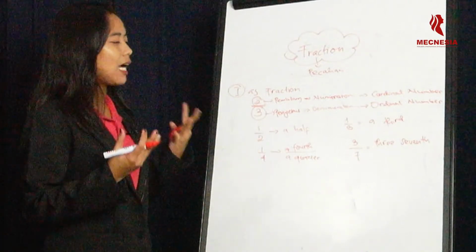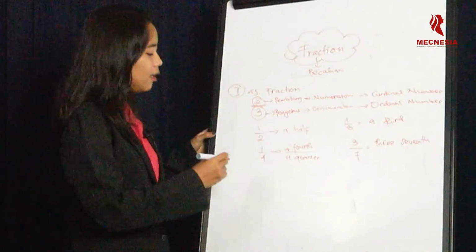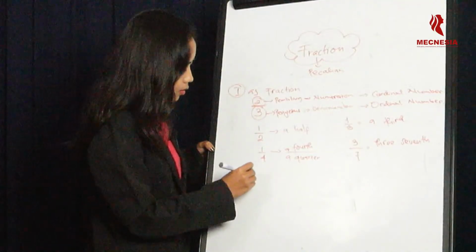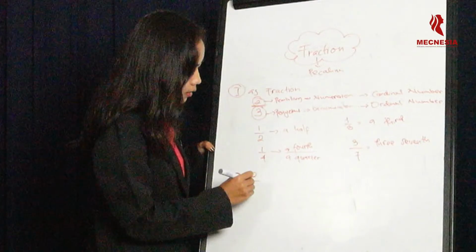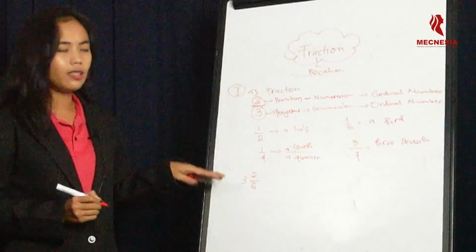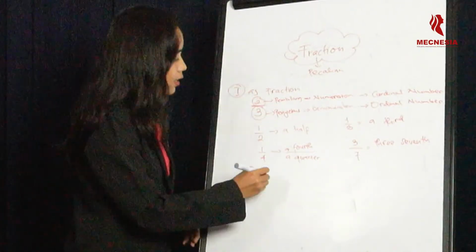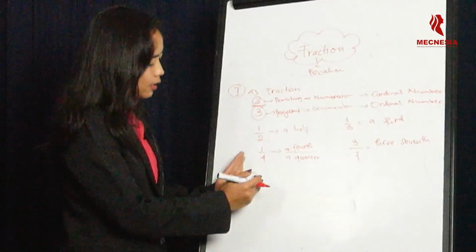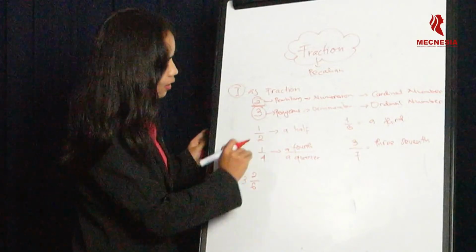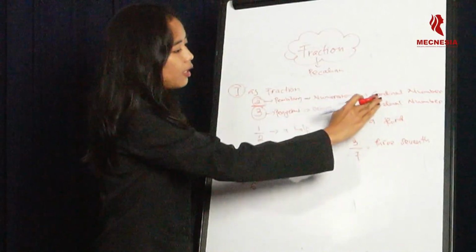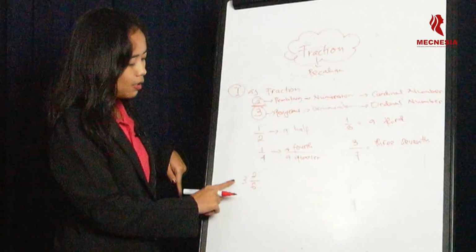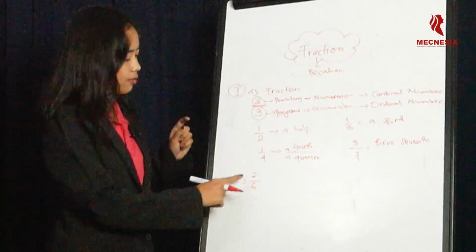Now let's talk about, tadi kan pecahan biasa. Now how about pecahan campuran? Kalau pecahan yang ada campurannya. Misalnya 3 2/6. Oke. So, caranya sama kayak tadi. We read this, kita baca pecahan biasanya seperti ini, cardinal number and then ordinal number, but dengan tambahan angka campurannya, 3.